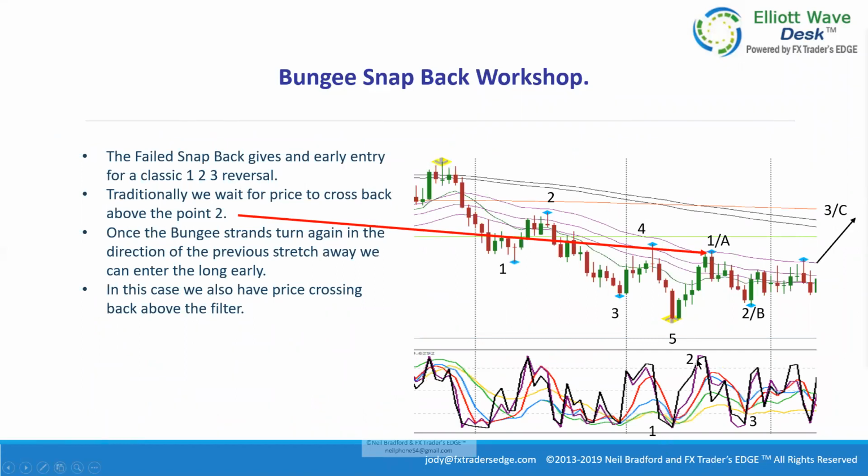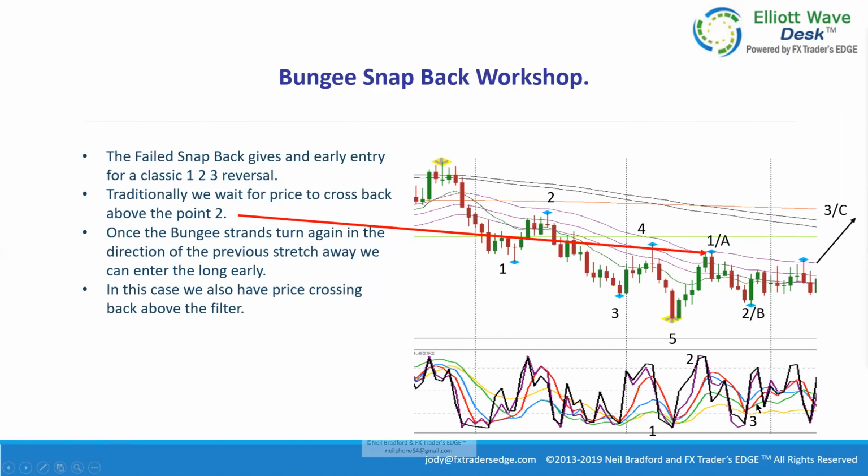Well, we've superimposed down the bottom here the 1, 2, 3 reversal. Wave 5 is the 1. The first move up, be it a 1 or an A, is your 2. And the failed snapback is your 3.